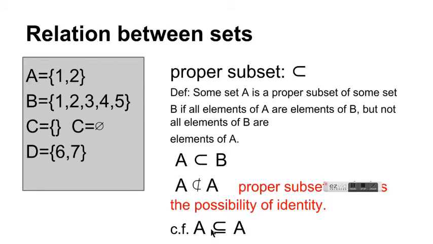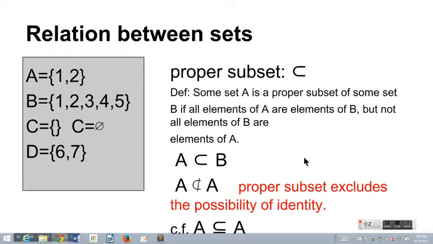Okay. And a very similar concept is proper subset. We use this symbol to represent this concept. The definition is some set A is a proper subset of some set B if all elements of A are elements of B, but not all elements of B are elements of A. This definition is kind of complex. Actually, the difference between subset and proper subset is this identity.